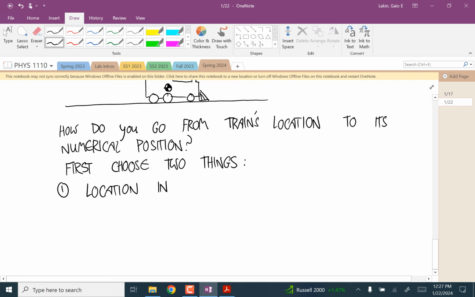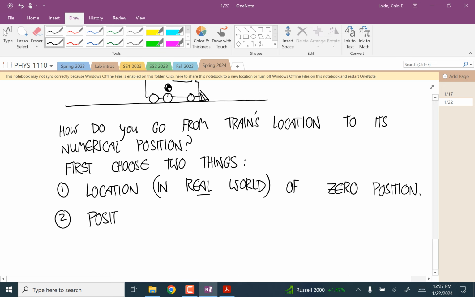So we're going to choose the location in the real world of what we're going to call the zero position. Second, we have to choose the positive direction, just the direction that we're going to call positive. This also needs to be in the real world.